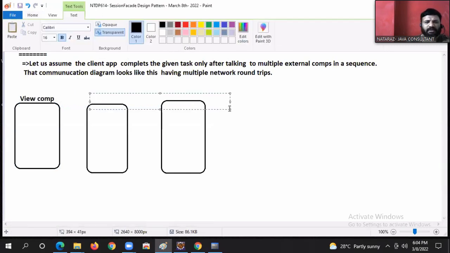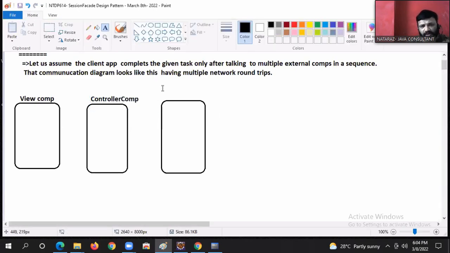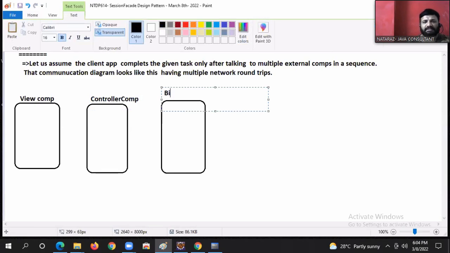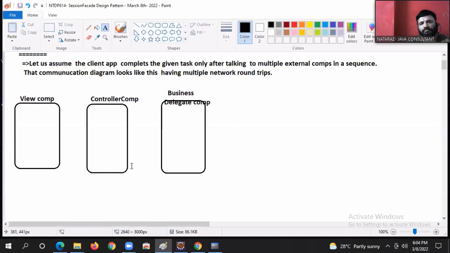This is my controller component. This is my business delegate component. Got it, guys? Business delegate component.